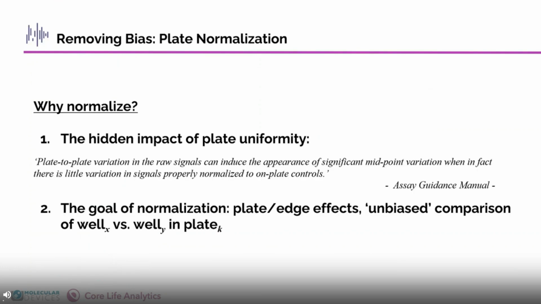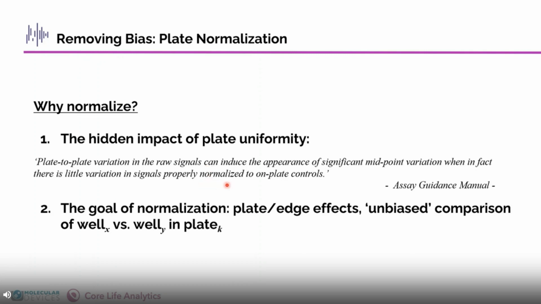And when you're dealing with multiple plates in your high content screens, you need to be able to normalize your data. And why is that? Because there is a hidden impact of plate uniformity. As indicated in the Assay Guidance Manual, it states that plate-to-plate variation in raw signals can induce the appearance of significant midpoint variation, when in fact there is little variation in signals properly normalized to the on-plate controls.